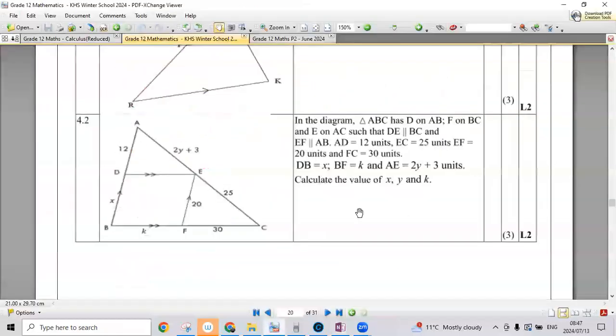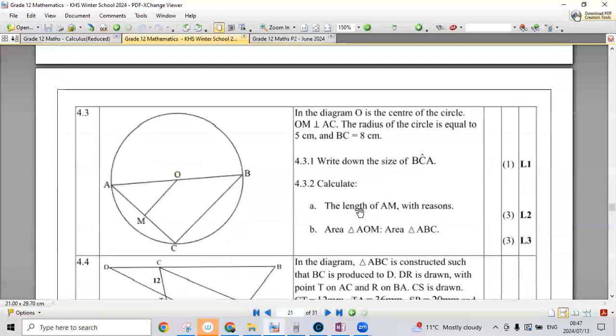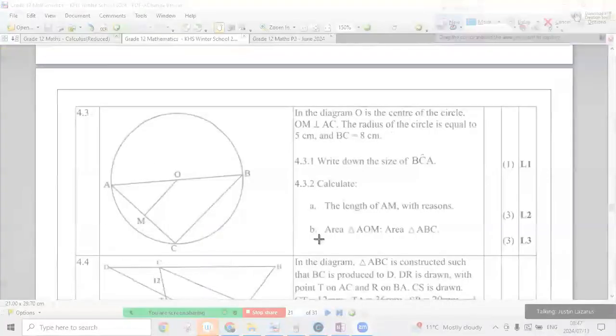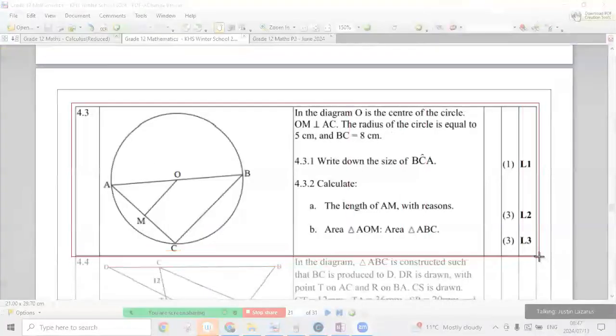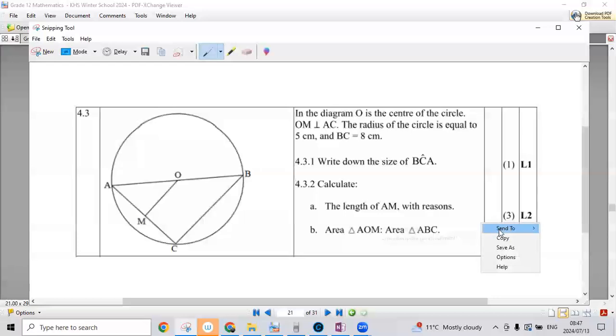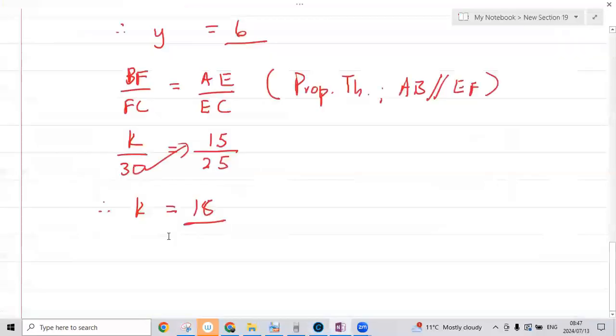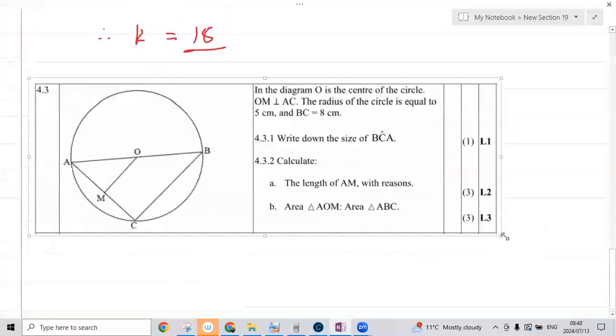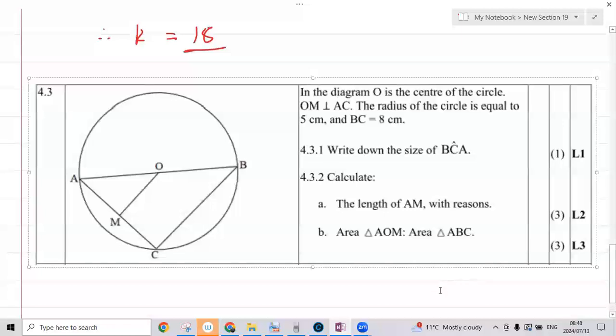So in our next example now, we're looking at 4.3. In this particular example, you can see what we are given here.